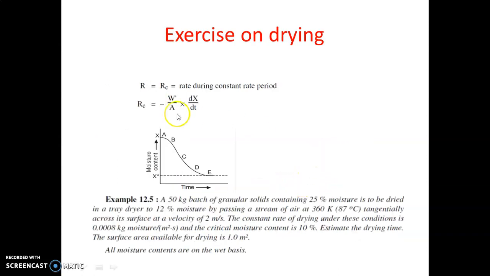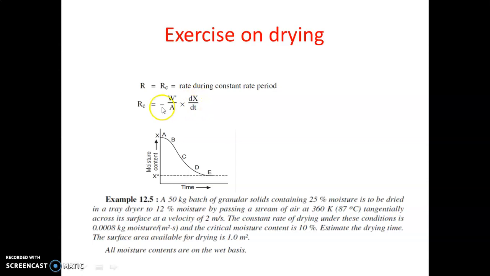So how is this RC calculated? RC is calculated using this formula: RC is equal to minus W dash by A into dX by dt. For calculating RC, the rate during the constant rate period, you have to calculate the slope of the tangent at various moisture content values. You draw a tangent here, measure the slope, and put that slope here, and by putting the values of W dash and A we can calculate RC.